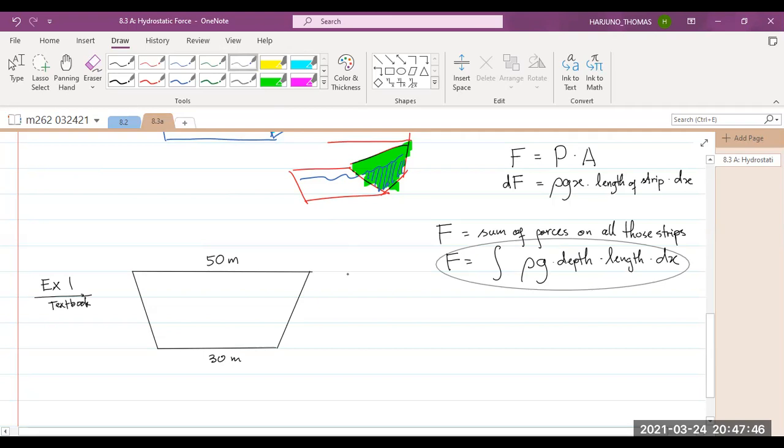The height of that wall is 20 meters. And then they tell us to find the force on the dam due to hydrostatic pressure if the water level is 4 meters from the top. So the water level is 4 meters from the top.